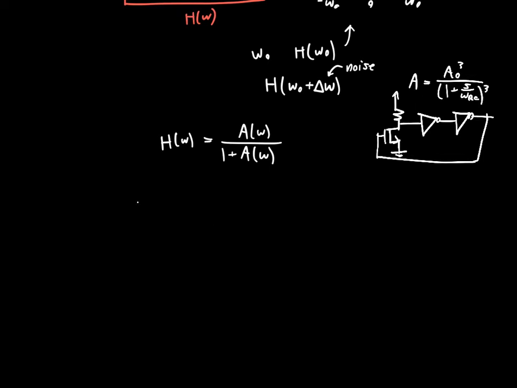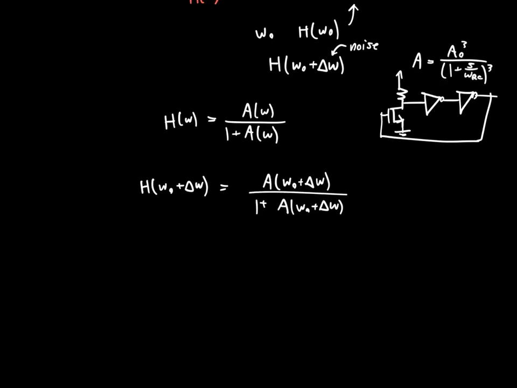So if we want H of omega naught plus delta omega, so some value about omega naught, then we can get that by saying, well, what's the value of A at omega naught plus delta omega divided by 1 plus A of omega naught plus delta omega.